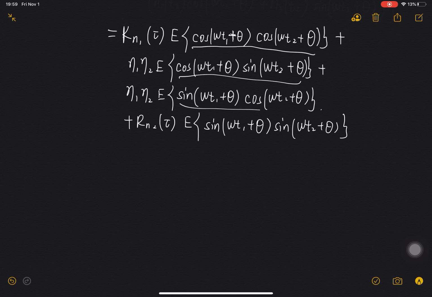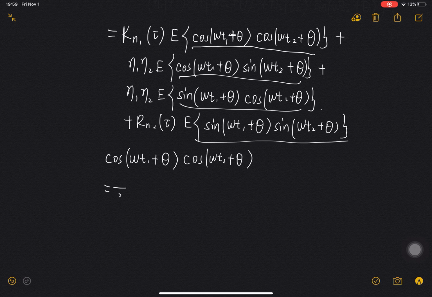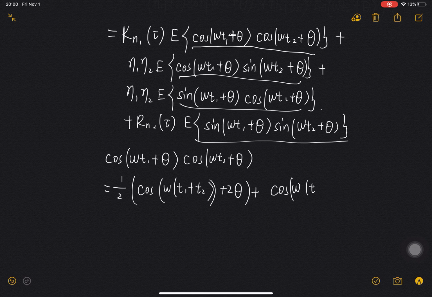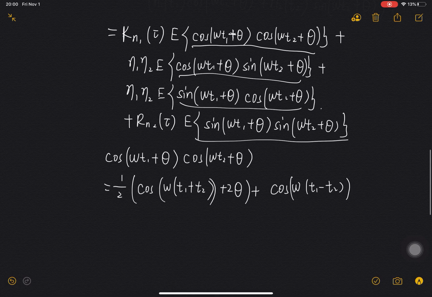Then we can implement the function of cosine and sine of theta in all four of these expectations, right? So just for example, because it's a very easy function, cosine(ωt1 + θ) times cosine(ωt2 + θ) should be 1 over 2 cosine(ω(t1 + t2) + 2θ) plus cosine(ω(t1 − t2)), right?